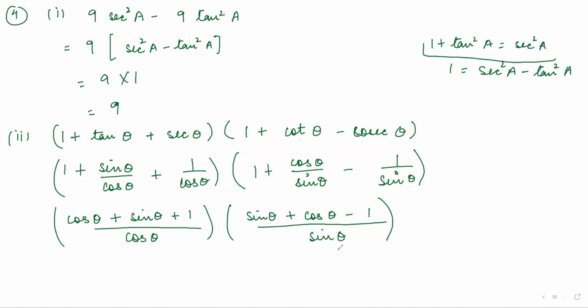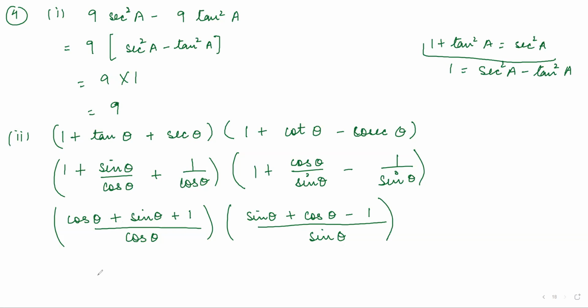Now what about the next step? What should I do? One step can be that I simply multiply the numerators. The denominator is simply sine theta into cos theta. I can multiply each term, that is also okay.